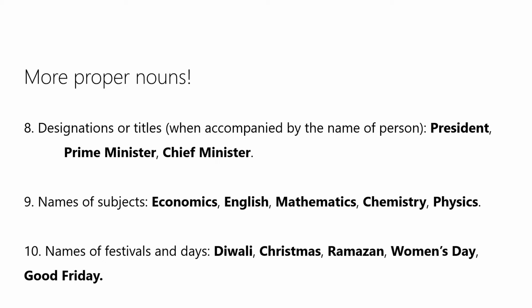Designations or titles like President, Prime Minister, and Chief Minister, especially when they are accompanied by the name of the concerned person. Then number 9. Names of subjects like economics, English, mathematics, chemistry, and physics. And finally, names of festivals and special days like Diwali, Christmas, Ramzan, Women's Day, Good Friday, etc. All are considered as proper nouns in the English language.